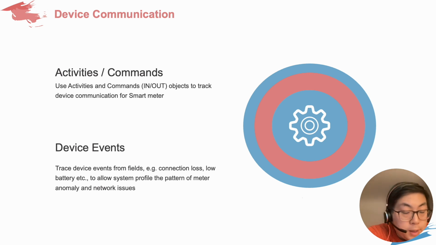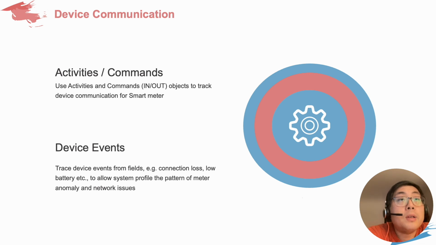So in some cases, the connection is lost as the first event, and then the second event is the connection has returned, because there will be cases where these things happen, maybe because of the network, maybe because of the meter itself.